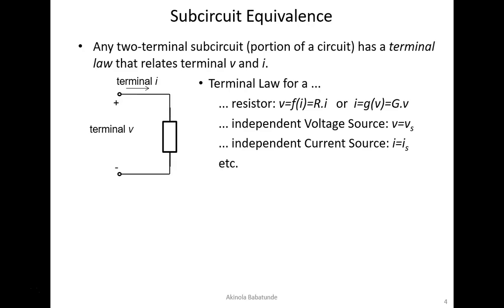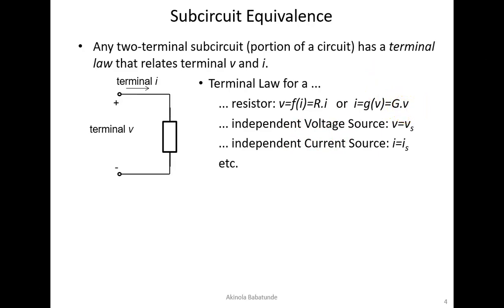Or that can be rewritten if we write our R in terms of the conductance, where our I is going to be a function of the voltage. We know our conductance G is usually equal to 1 over R. Hence, our I will be equal to G multiplied by V.